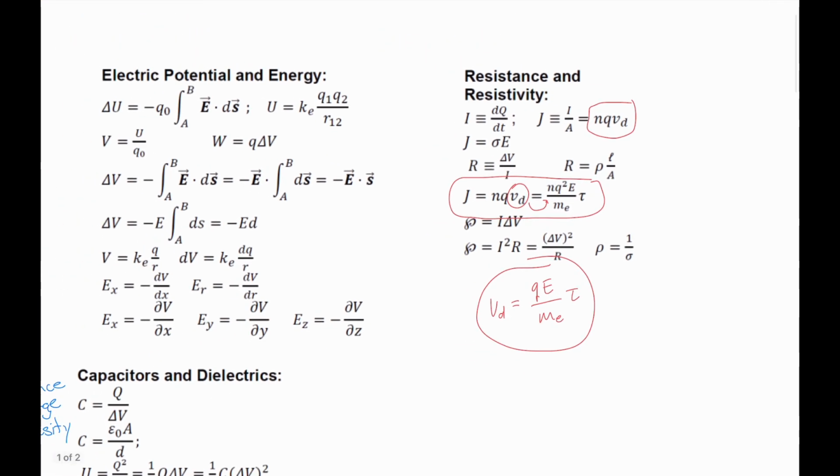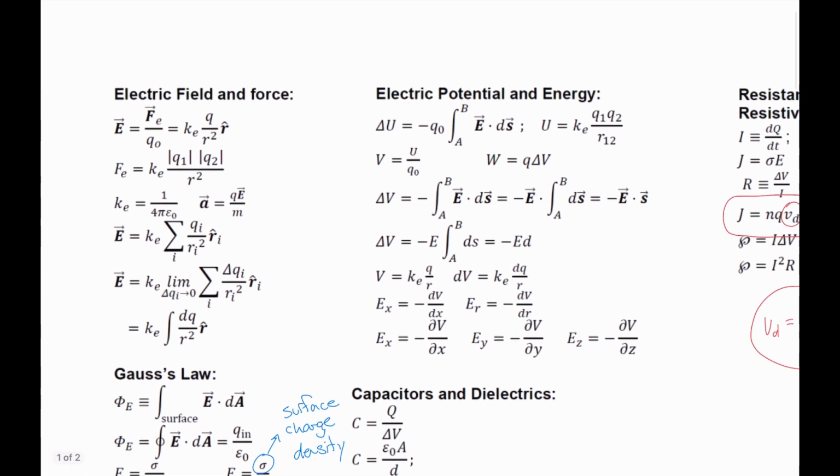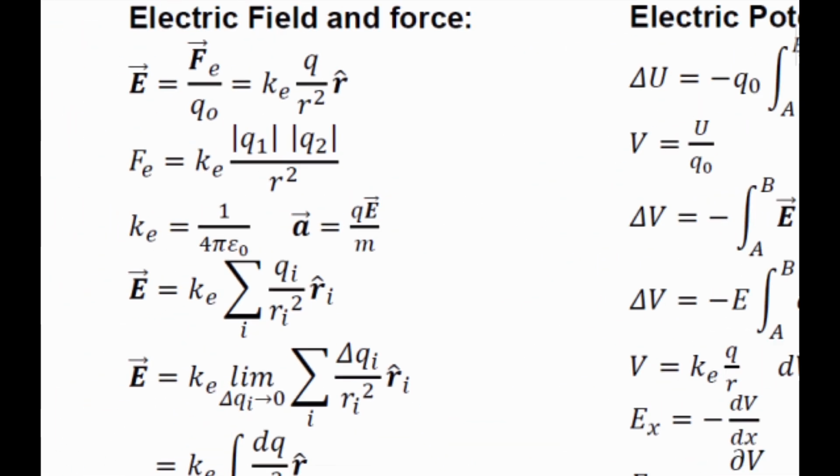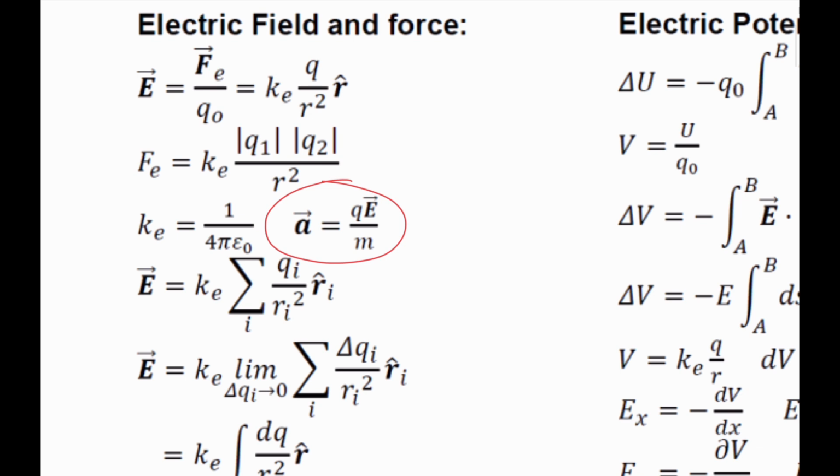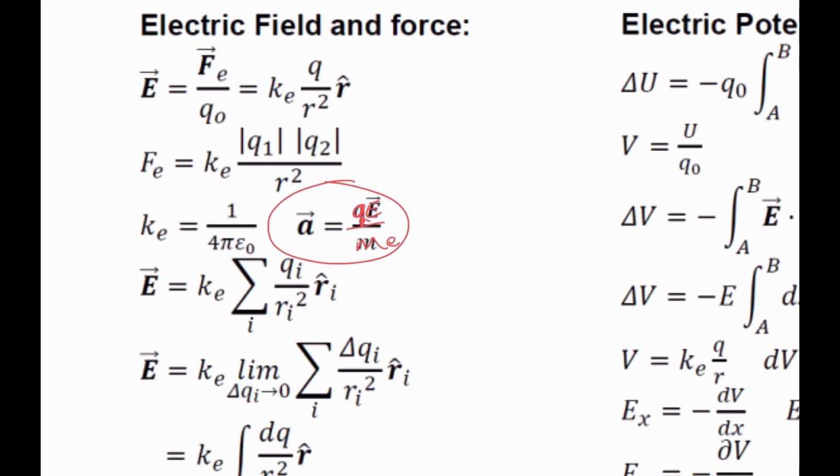Let's go back to the first section here. And let's see, we have acceleration, which is q times E over m. And if m is the electron mass, you do m_e. If q is the charge of the electron, normally it's q_e or just e. But that gives us the acceleration due to the electric field.